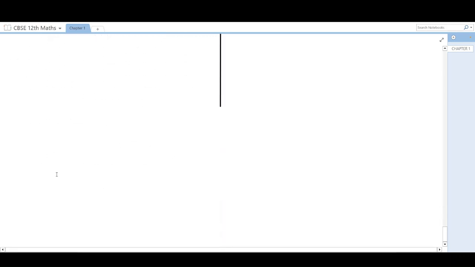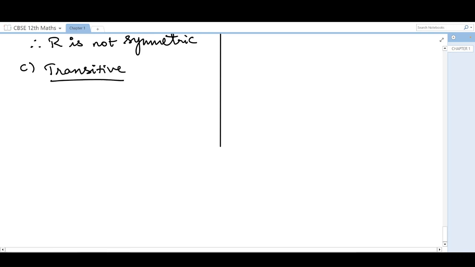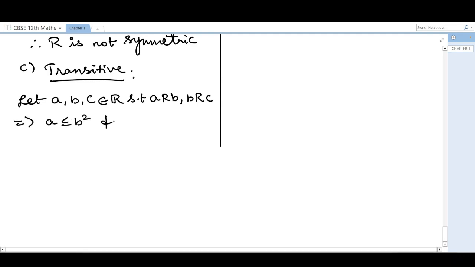Moving on to the third property, transitive. Here, we need to take three elements A, B, C from the set of real numbers such that A is related to B and B is related to C. So this implies A is less than or equal to B square and B is less than or equal to C square. Now we have to prove A is related to C, that is A is less than or equal to C square.